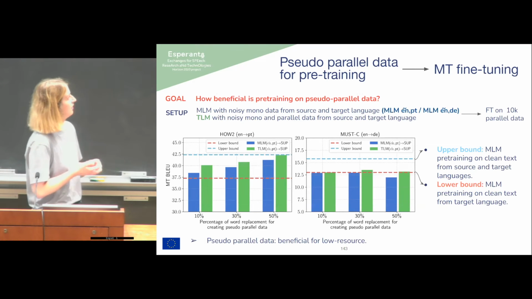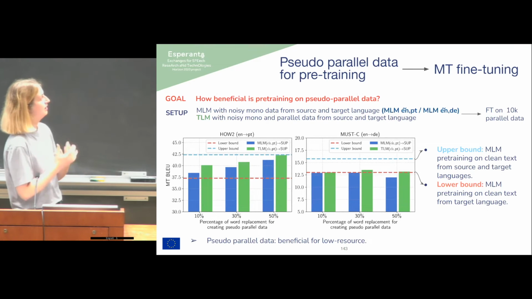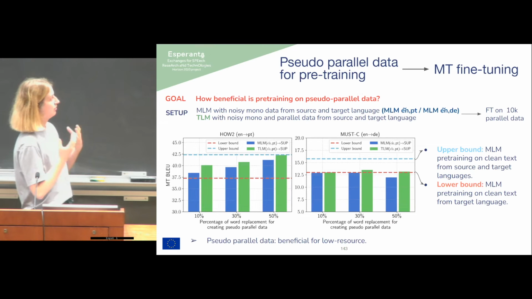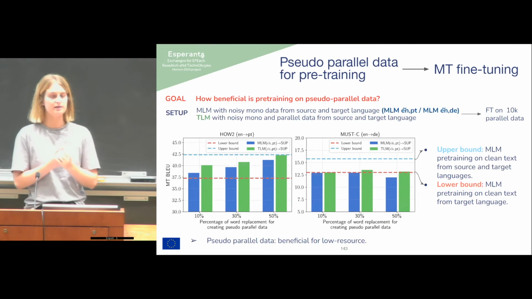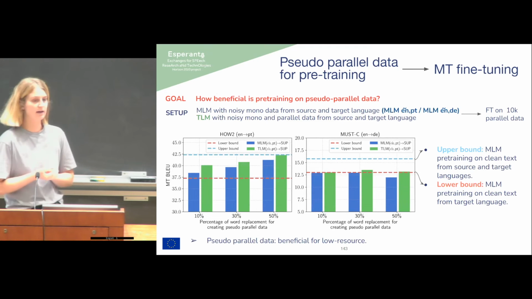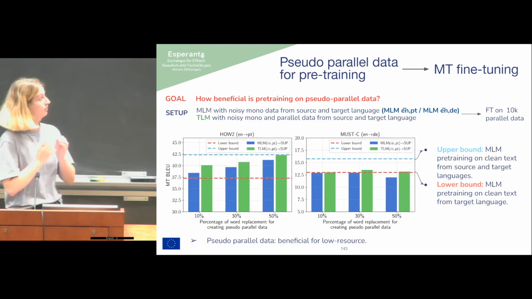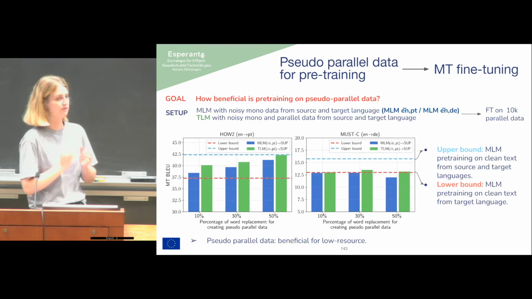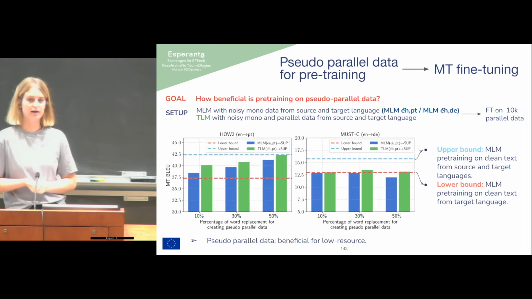For the next experiment, the question was how beneficial is pre-training on pseudo-parallel data. So for the setup, we pre-train a masked language model with noisy monolingual data from source and target languages, as well as a pre-trained translation language model with noisy monolingual and parallel data from both source and target language.